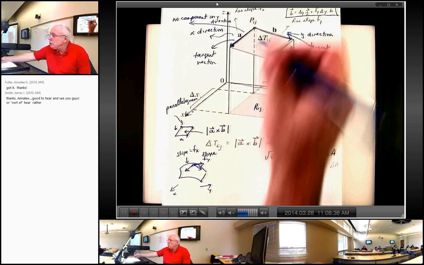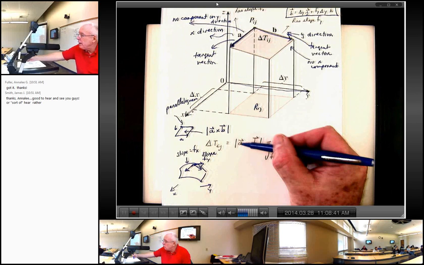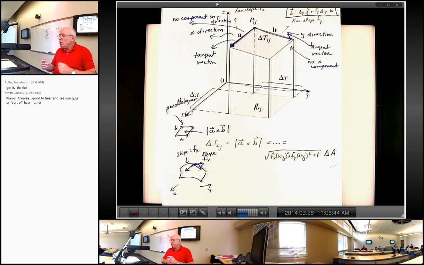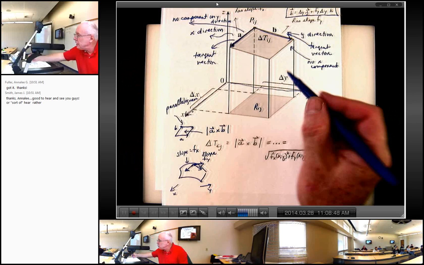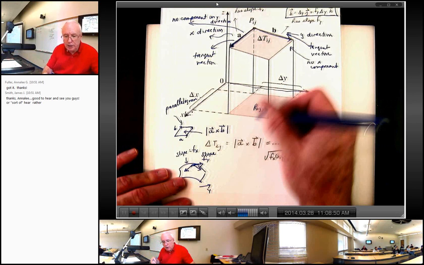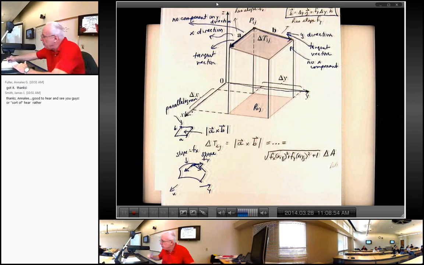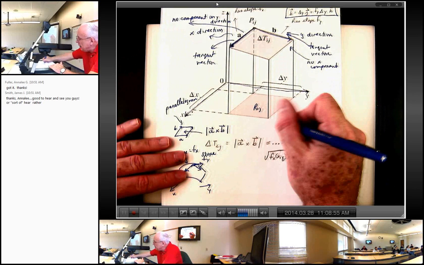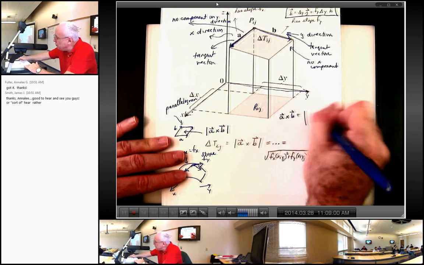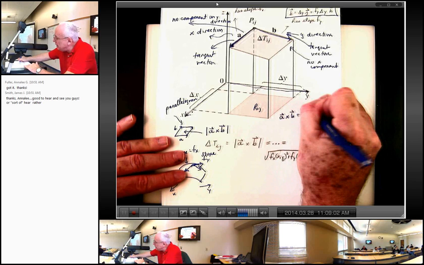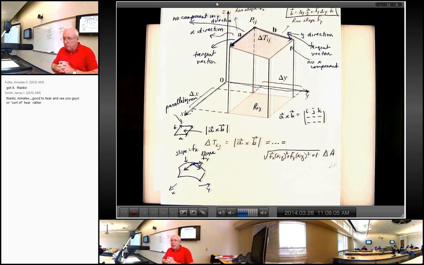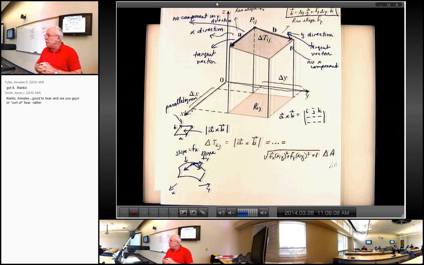It's going to be the magnitude of the cross product of the A vector and the B vector. Remember that A cross B is the determinant with i, j, and k, and the components of A and B.